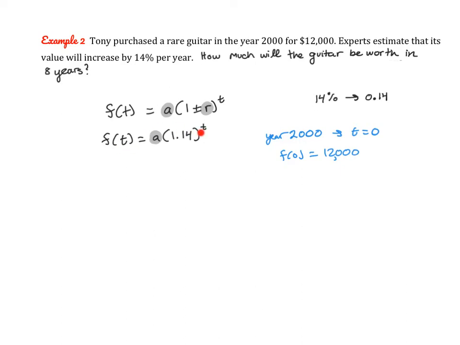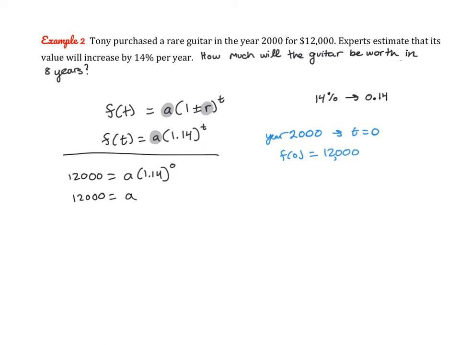So we can substitute that into our equation. The value was $12,000 equals a times 1.14, and that occurred when t was 0.